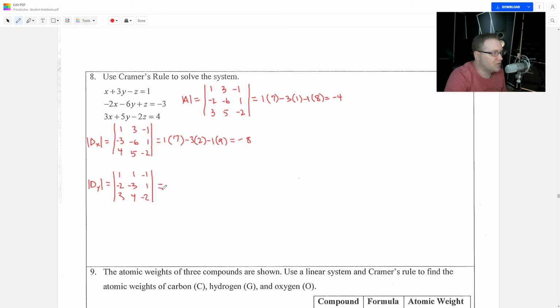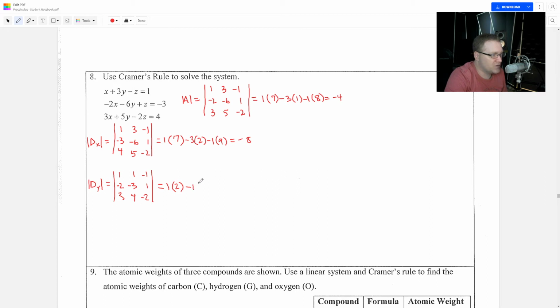And that equals, all right, now we just need to find the determinant. So that's going to be 1 times, and we're going to do negative 3 times negative 2, 6, minus 1 times 4. So 6 minus 4 is 2. And then we're going to minus 1. There's a 1 here.